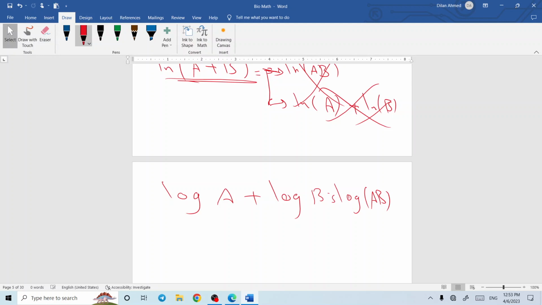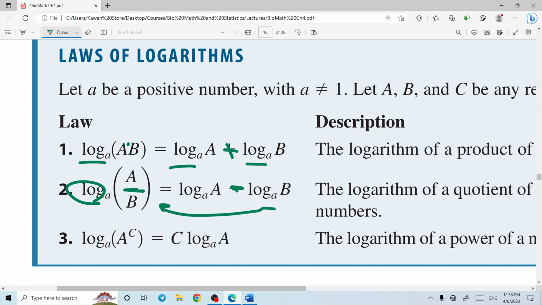Because they are equal. One log with multiplication is equal to two logs with addition. Clear? Good. So just take care about this rule. Do not make a taboo. That's it. So you can control the properties.